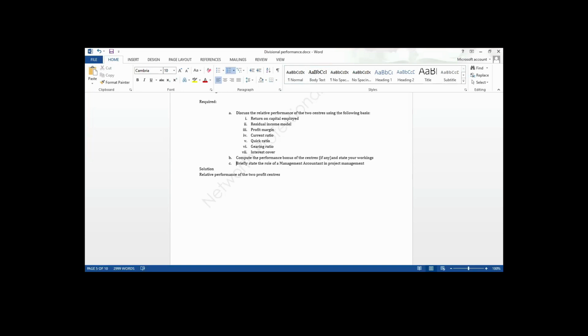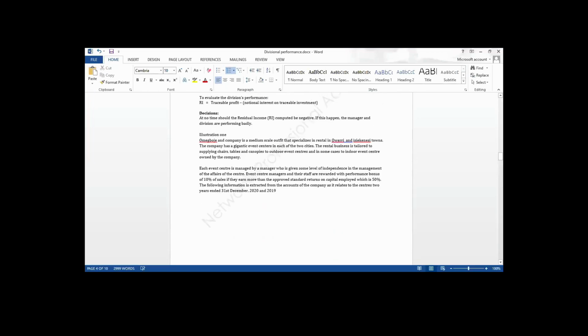So the B part says we should calculate performance bonus of the center, if any. Now look at it. To qualify for performance bonus, the standard is: event center managers and their staff are rewarded with performance bonus of 10% of sales if they earn more than the approved standard return on capital, which is 50%.